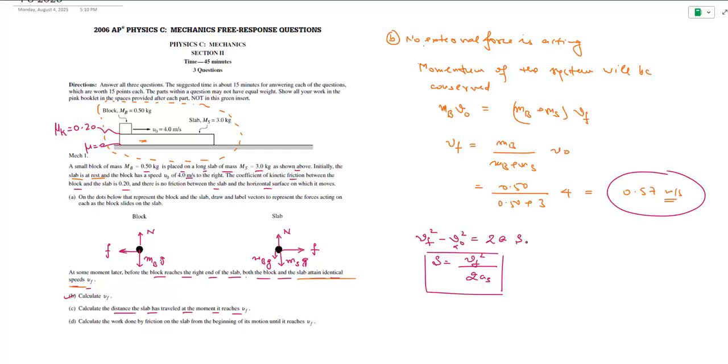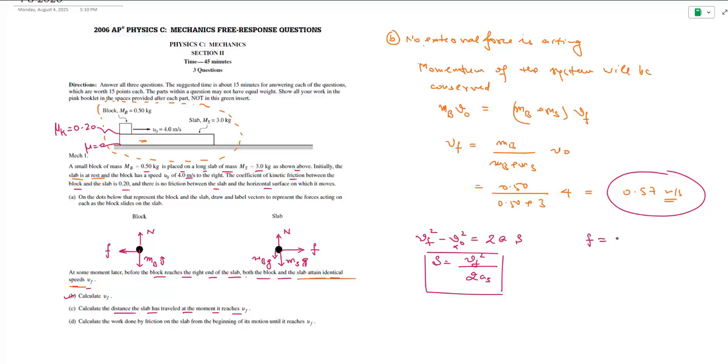So our first objective to answer this section is to calculate the acceleration of the slab. So how will you find the acceleration of the slab? Frictional force is responsible for the acceleration of the slab.